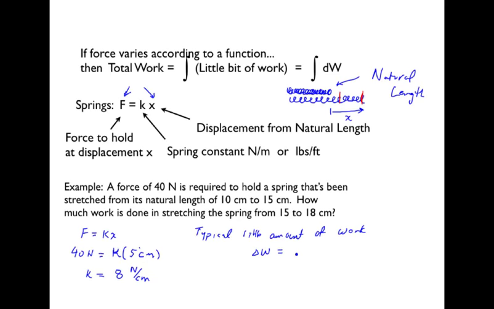We need a constant. The whole point is, when it's a little bit, we can assume a constant force, but then it has to be over a small distance, right? So our delta W would be F delta x. We can assume a constant amount of force for a small enough distance, just like we did with the accumulation of rate of change. We assumed a constant rate of change in order to compute a little bit of accumulation.